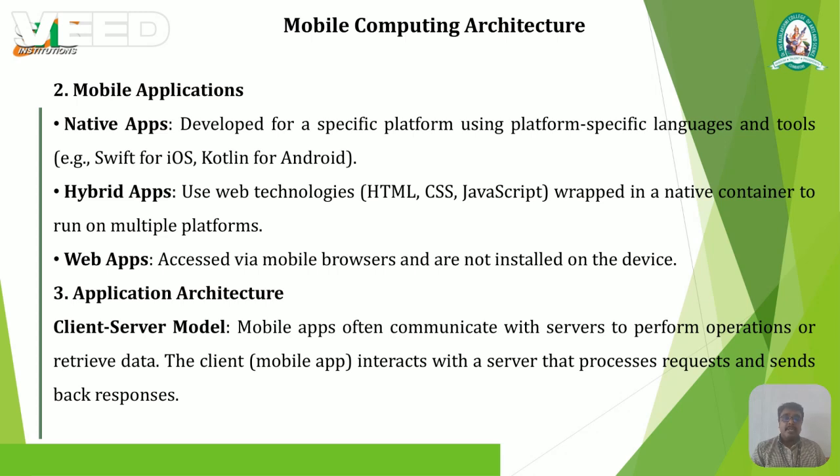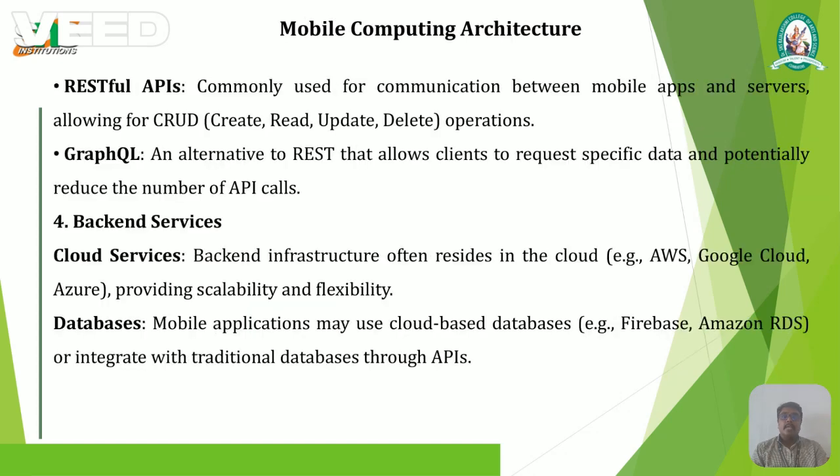In application architecture we use the traditional client-server model, where your client, that is your mobile app, interacts with the server, which has the capability of processing a lot of requests and responding to those requests. So next one is the RESTful API, which is commonly used for communication between mobile apps and servers, and which helps us use different operations, that is the CRUD operations like create, read, update, and delete.